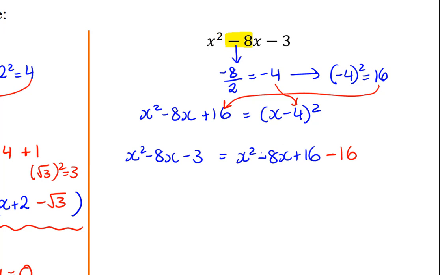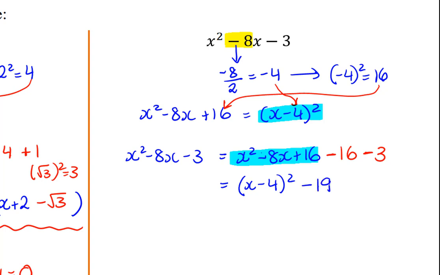I want minus 3, so I take away 3. So those two sides are the same. I now replace my perfect square. So I've got x minus 4 all squared. -16 take 3 is -19.